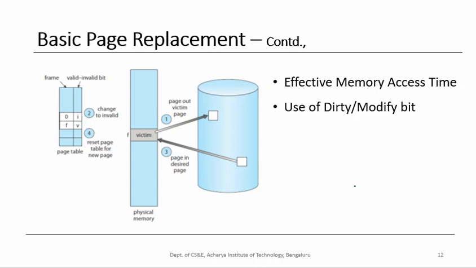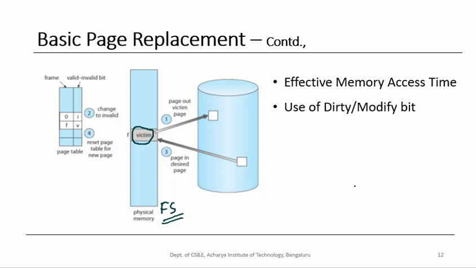The algorithm or the routine that we discussed in the previous slide has been pictorially shown here. When there is no free space available in the physical memory, a victim frame is selected. To select a victim frame, a page replacement algorithm has to be used, which we will discuss in the coming slides.